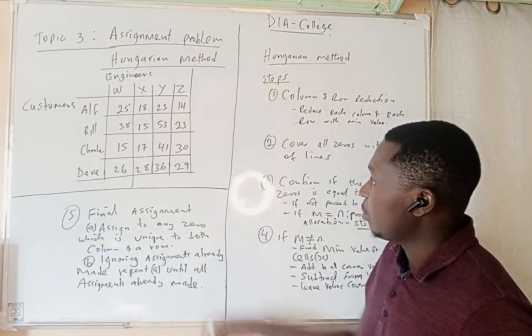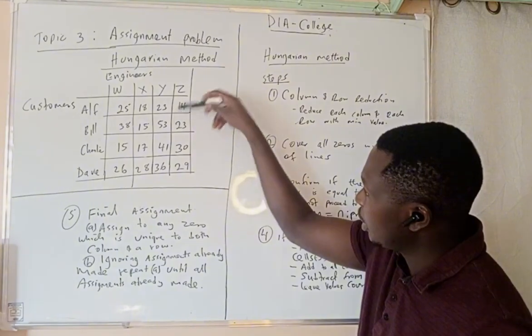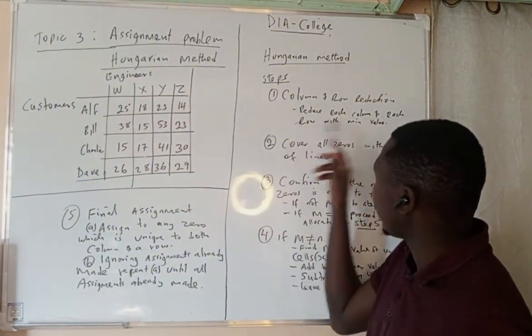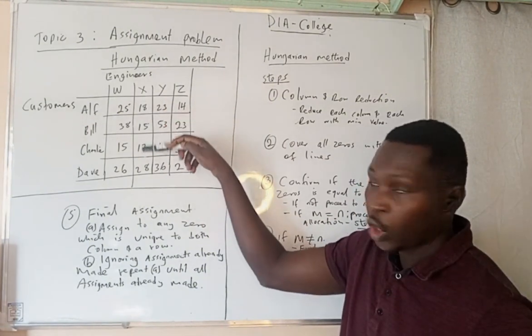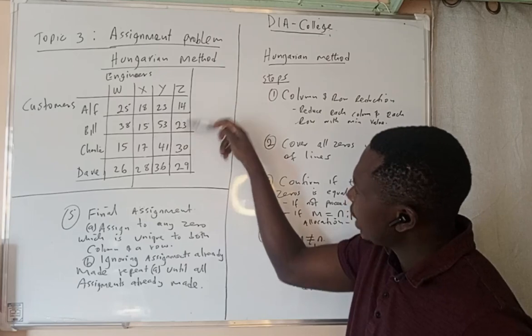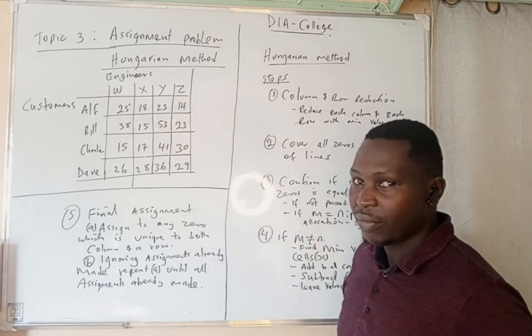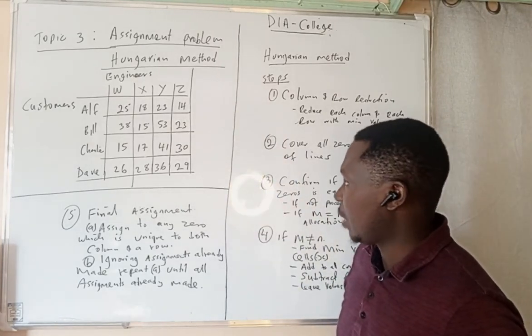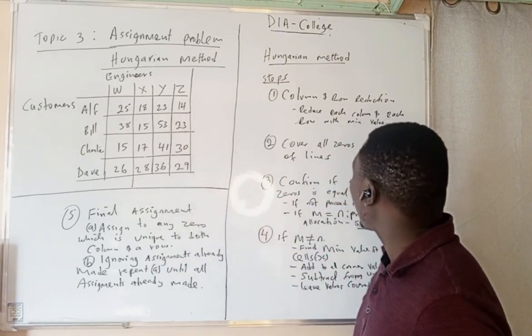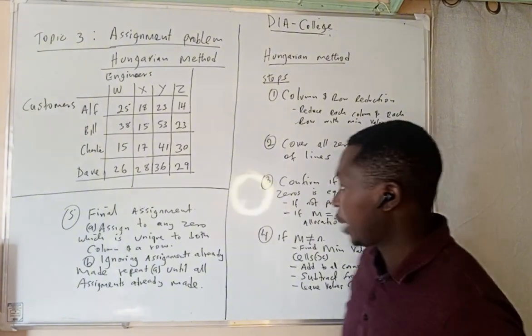We already have a matrix. We start by doing column reduction: we find the smallest value in each column, and then subtract that value from all the values in that column of the matrix. Secondly, we perform row reduction.